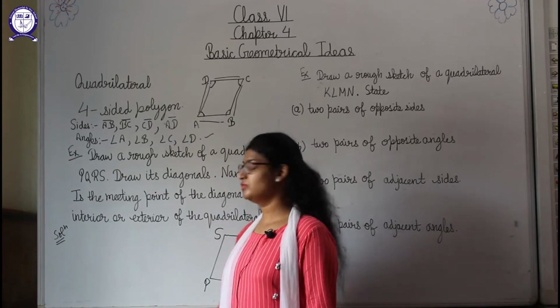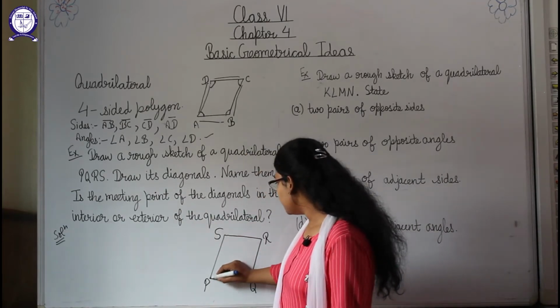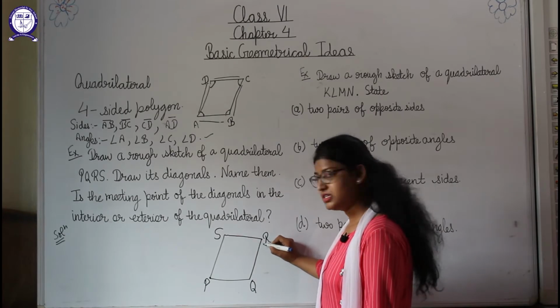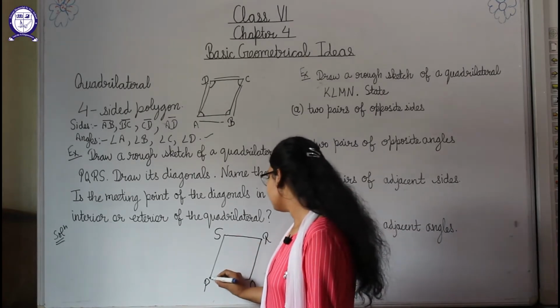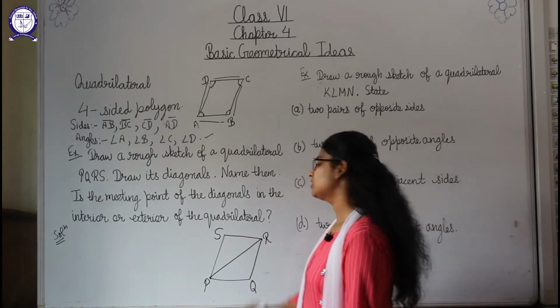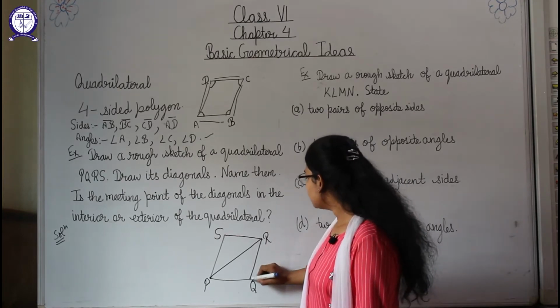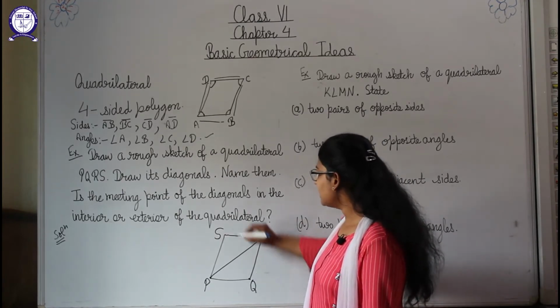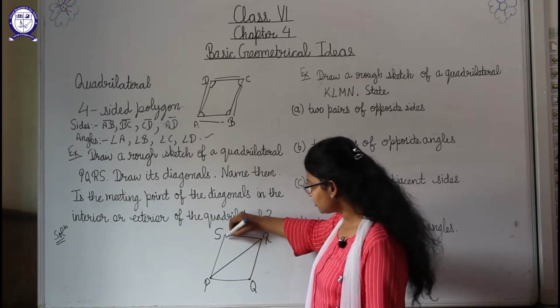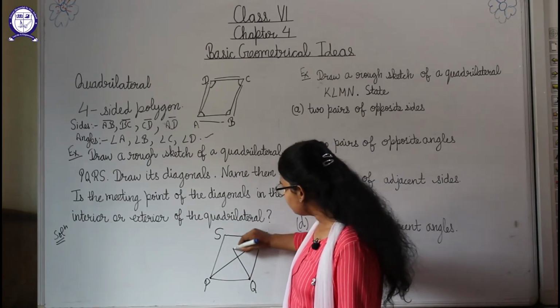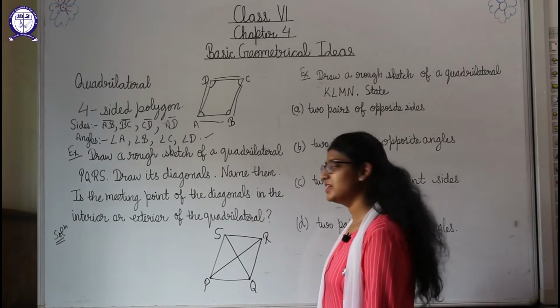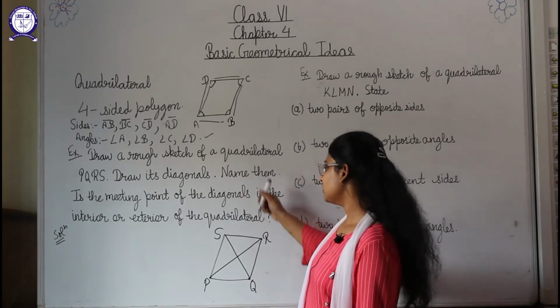Students, how do we draw the diagonals? This P and R, these two are the opposite vertices, and when we join them we will get a diagonal. Okay, similarly this Q is one of the points and S is its opposite, so when we join Q to S we will get another diagonal. Okay, we have to name the diagonals.